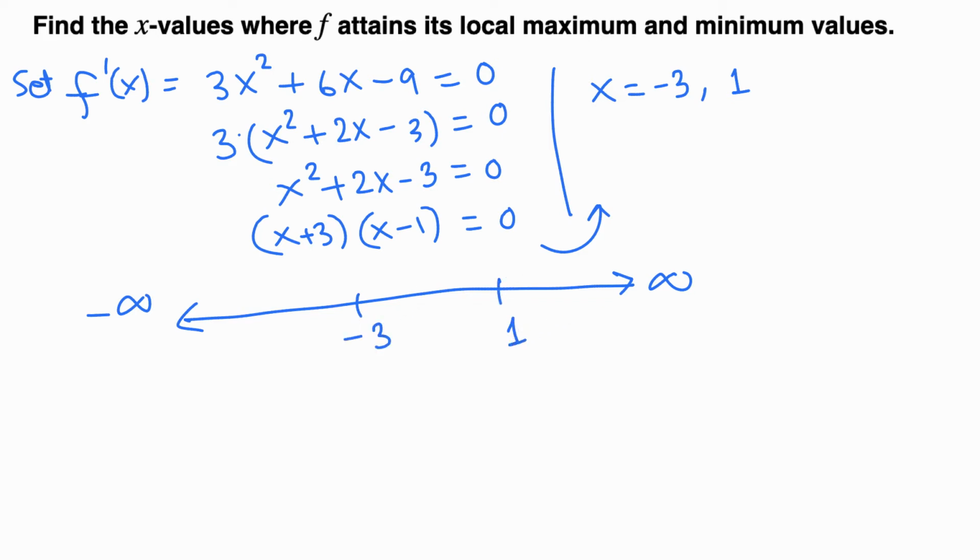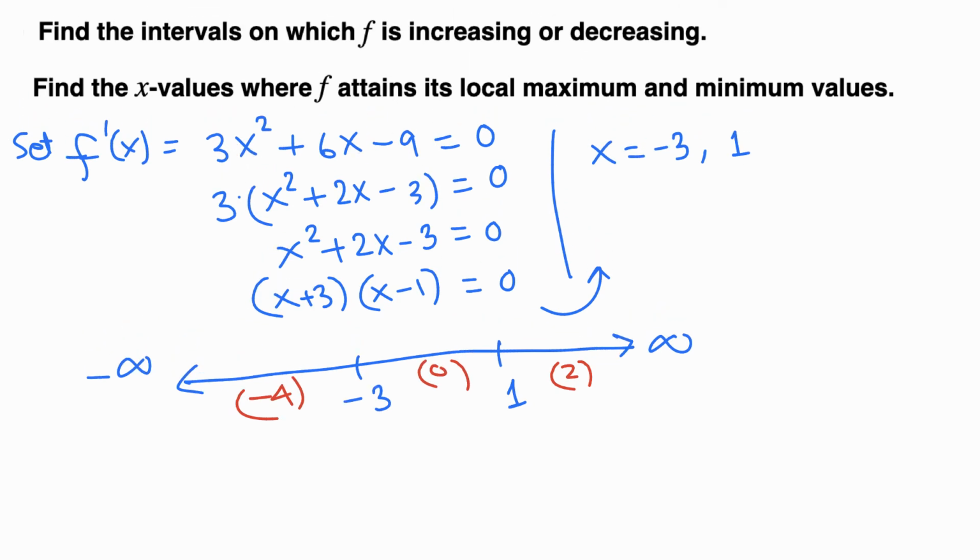Now we pick a representative from each interval: for negative infinity through negative 3, maybe negative 4; between them we can pick 0; and after 1 we can pick 2. Now we plug these representative values into the derivative, f prime, to check the sign.